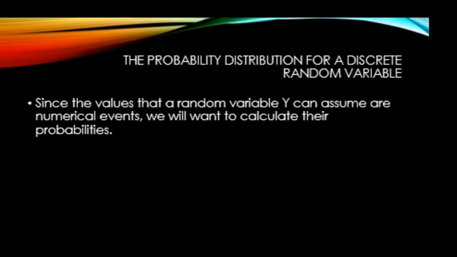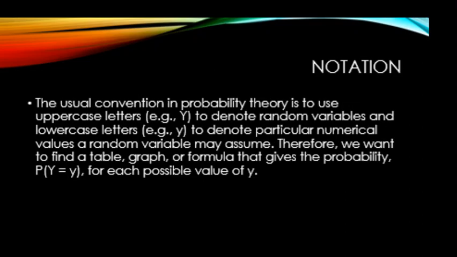Okay, so let's assume that we have a random variable y, which can assume numerical values, and we want to calculate the probabilities of these numerical values or the numerical events. So the convention that we will use here will be uppercase letters will be denoting our random variable. In this case, uppercase y is our variable.